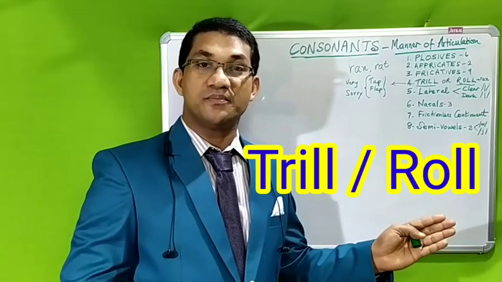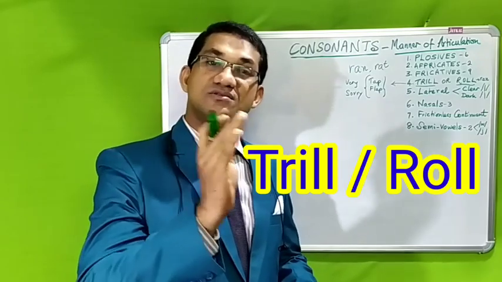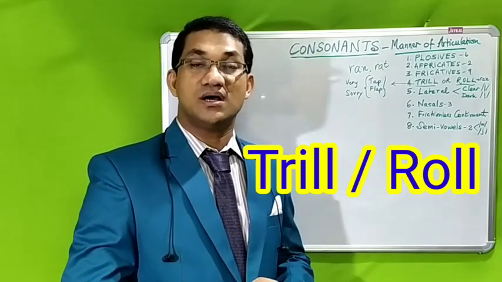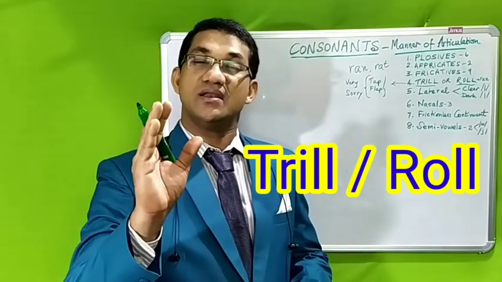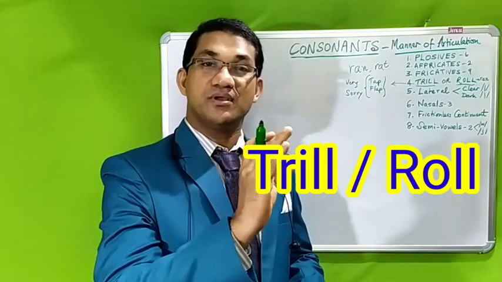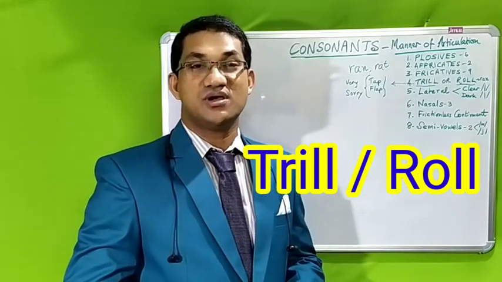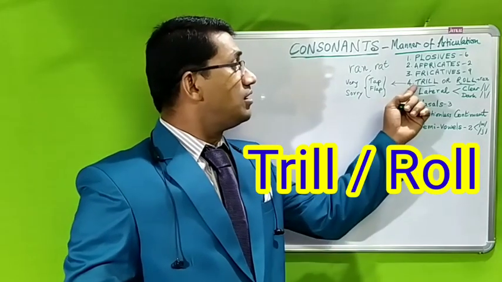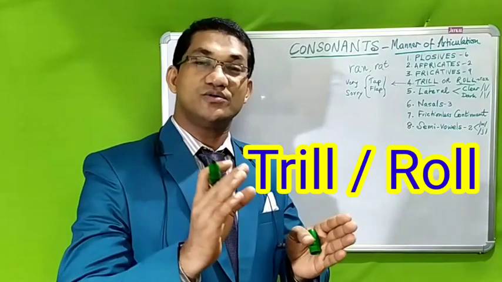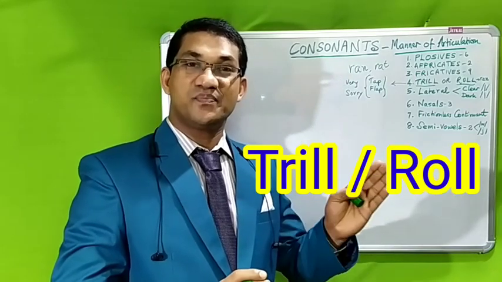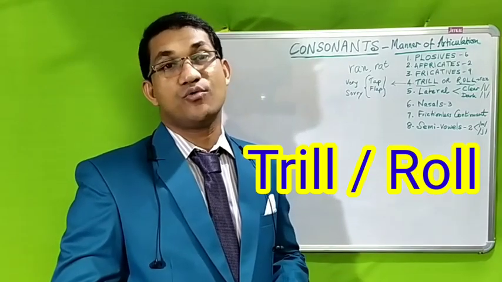You can see that that is produced with a series of tapping on the alveolar ridge or the teeth ridge or the roof of the mouth, and such sounds produced with a series of tapping or touching on the alveolar ridge are known as the trill or roll, and they are the sounds we have in ran, rat, river, driver. That is the r sound in all these words.